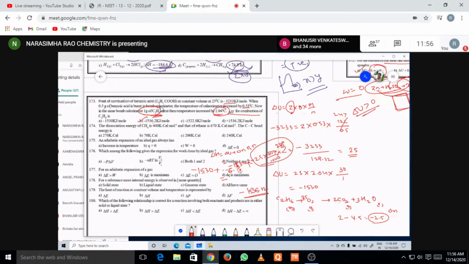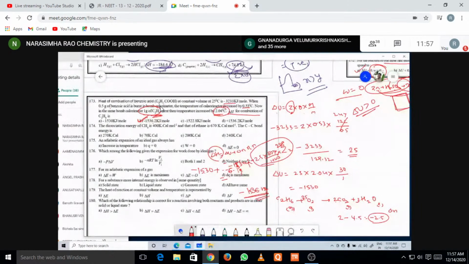Clear now? Children, understand now? First find out the Z value. By using the Z value, we find out the change in internal energy. By using the delta n value, the change in enthalpy. Clear now? Clear, sir.